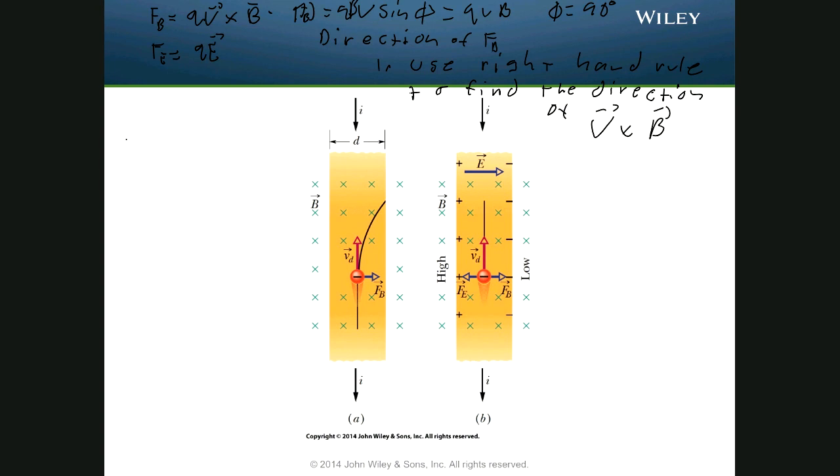Then second, we have to look at the sign of the charge. If it's positive, I'm done, right? Then the direction of v cross B will just be the direction of F_B. If it's negative, then we have to pick it up and flip it. So that's where finding the direction of F_B can be a little tricky.